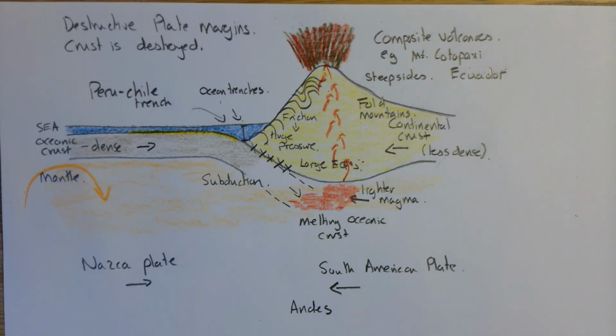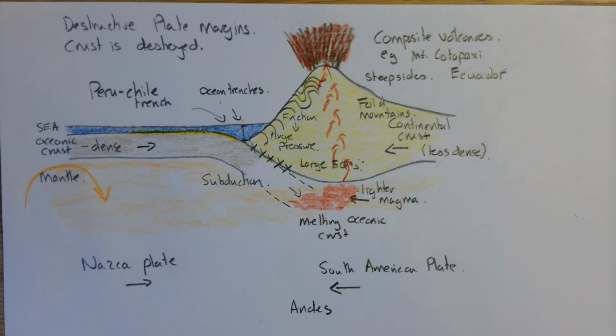Well done. It is forced under. And what is the technical term for being forced under when the one plate is forced under another? Exactly, subduction. So please remember to use that key word in your exams.